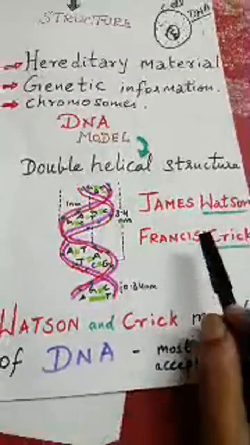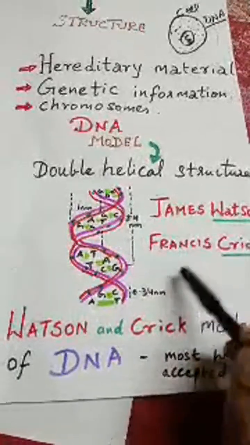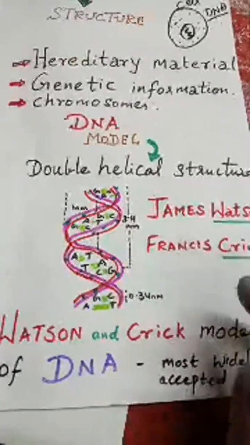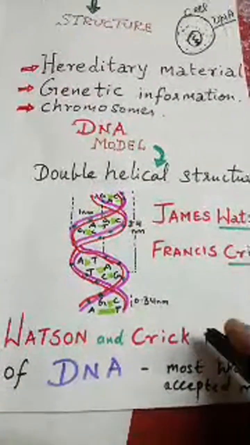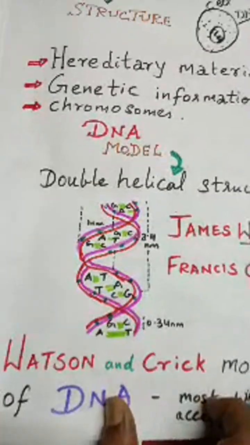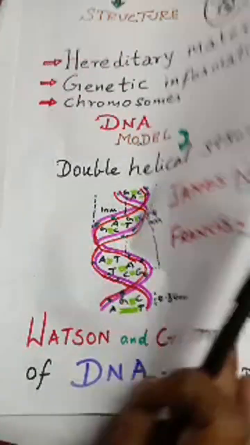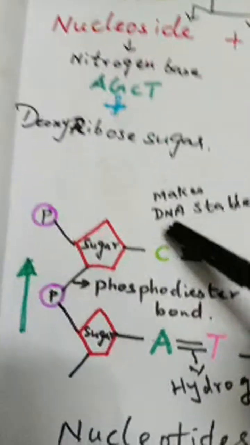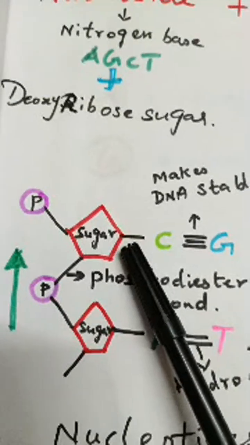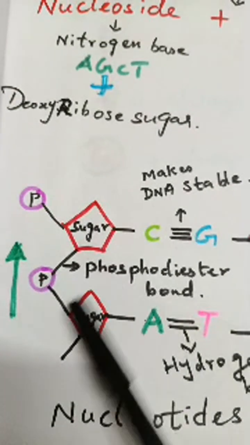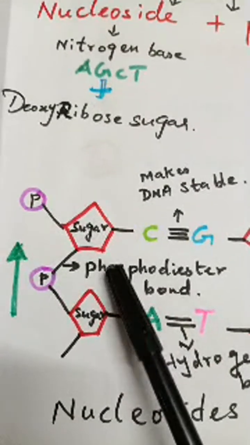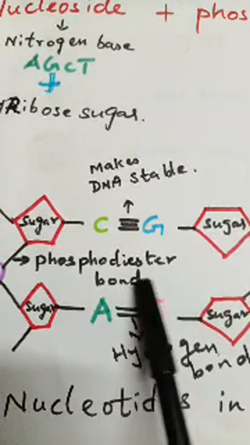So this is the next point in the Watson and Crick model, and the last and most important point that Watson and Crick said is the phosphodiester linkage. The sugar and the phosphate are linked with each other, that's the phosphodiester bond.